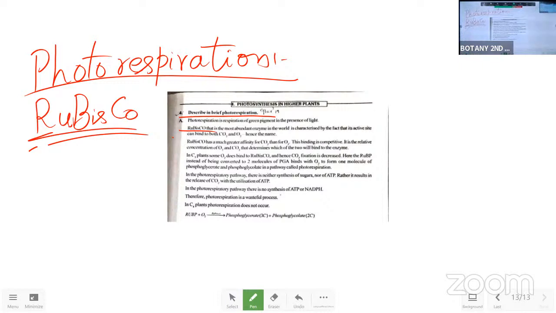So what we learned in the previous class: enzymatic inhibitors, competitive, non-competitive, and the feedback inhibitors. So here oxygen acts as a competitive inhibitor and goes and blocks the enzymatic groove, otherwise the activation site of the Rubisco.